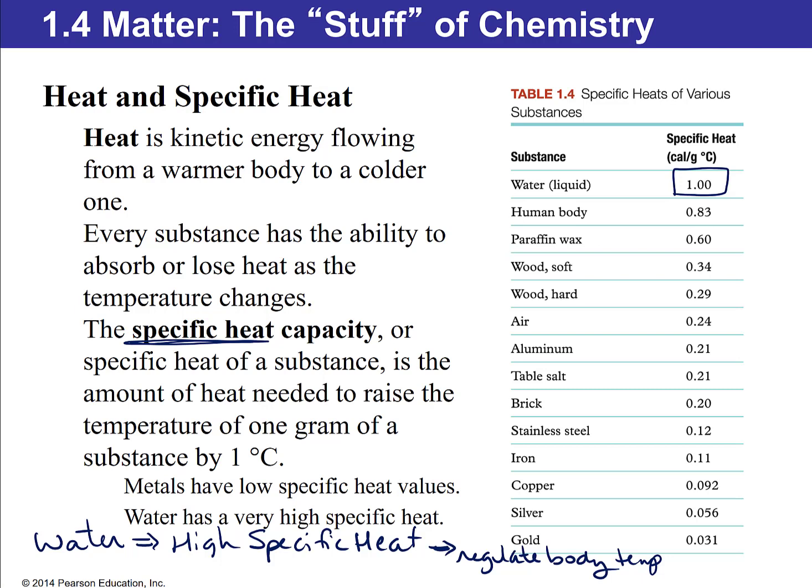But then when you look at the metals down at the bottom, like stainless steel, water is 1. Stainless steel is 0.12. Copper is 0.092. What that means is when these metals are heated, they change temperature rapidly. So when you heat a pan, it's going to change temperature much faster than the water contained within. So you have to continue to add more and more heat.